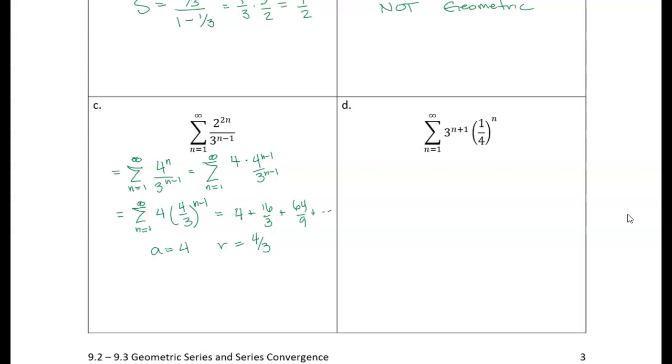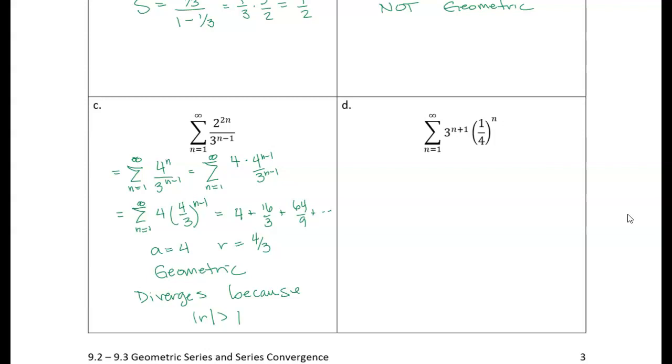All right, so it is geometric, but our common ratio is greater than 1, so it diverges, because this r value is greater than 1. Okay.